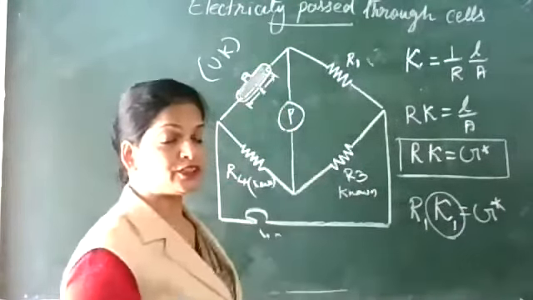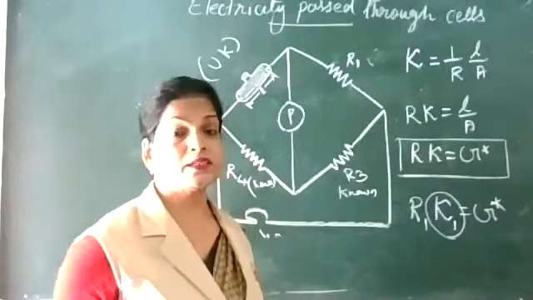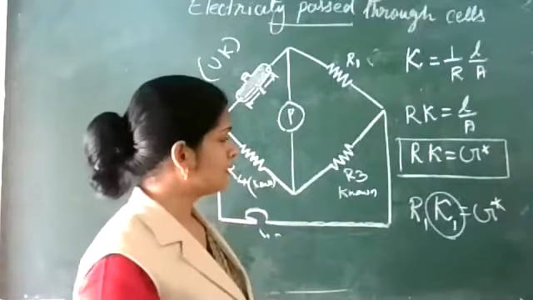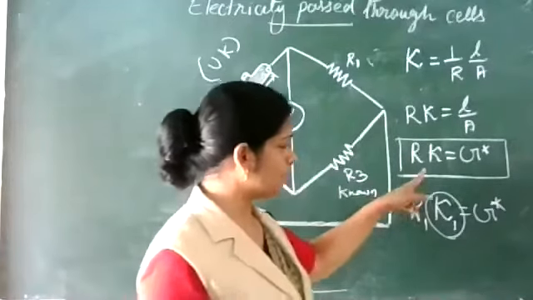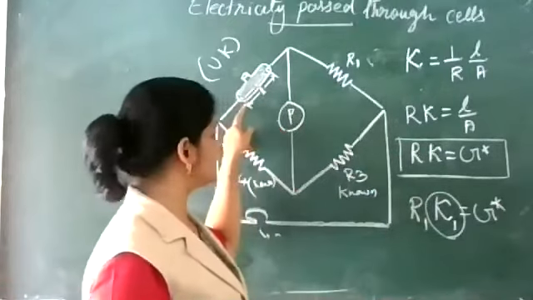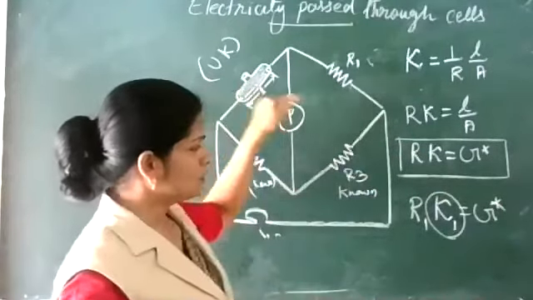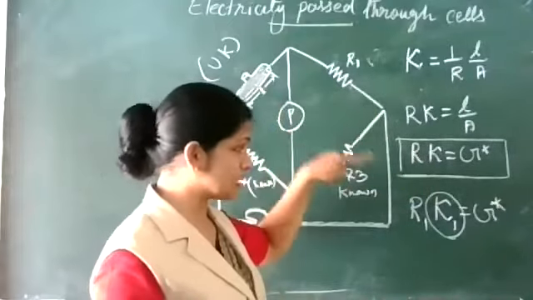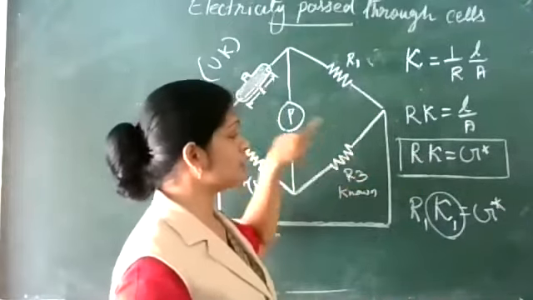Fill that first solution whose kappa is known. Kappa is supplied. Using that kappa and finding out its R, you fill that solution, whose kappa is given, in the cell.